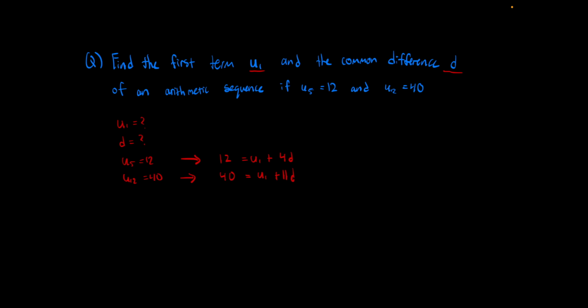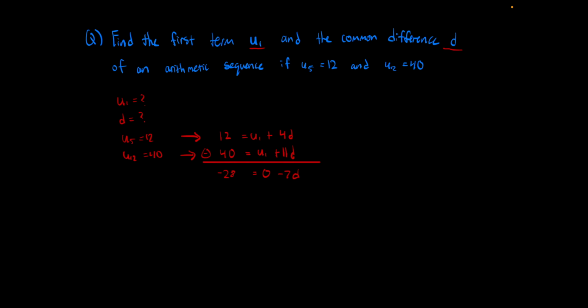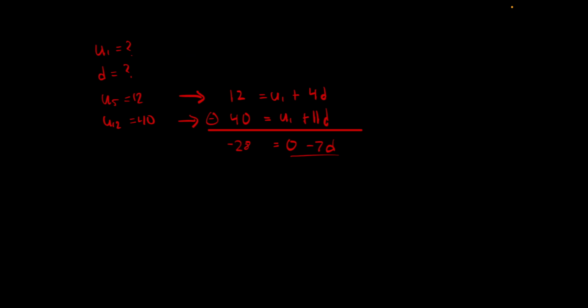You can use either substitution, or something I like to do more is just subtract the equations by each other. If we were to subtract these two equations, we would get negative 28 equals u_1 minus u_1, which is 0, and 4d minus 11d, which would equal negative 7d.